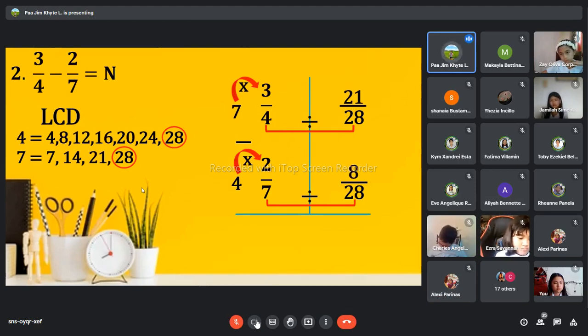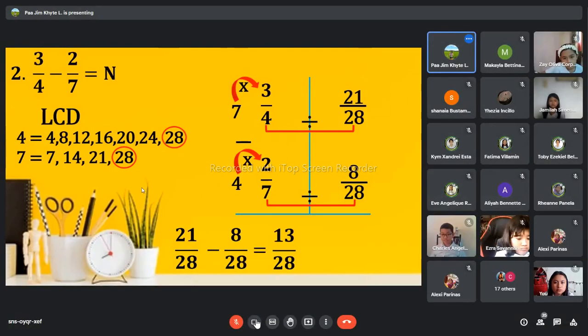So if we write our equation, it will look like this. 21/28 minus 8/28 is equal to 13/28. Who got the correct answer? Raise your hands.